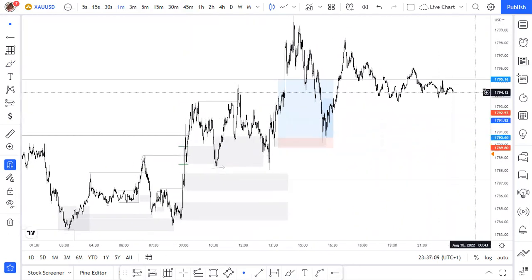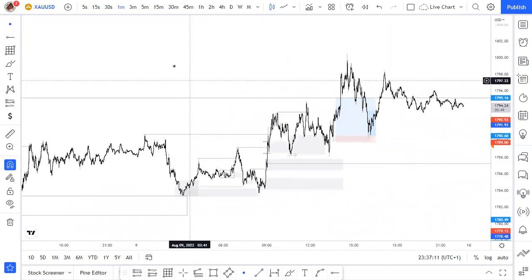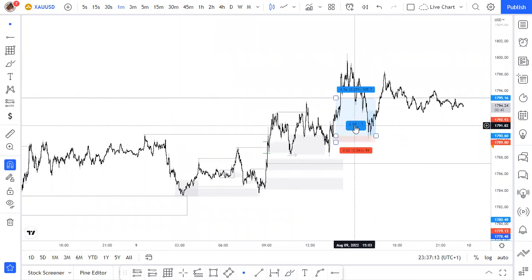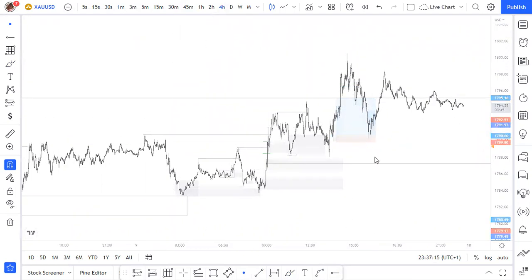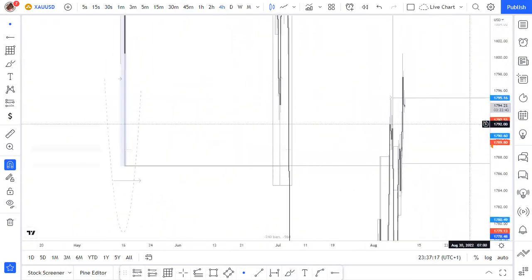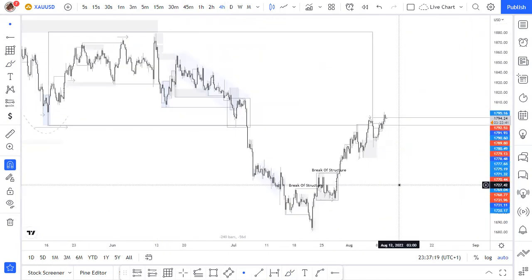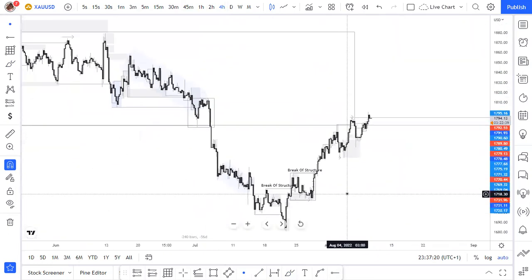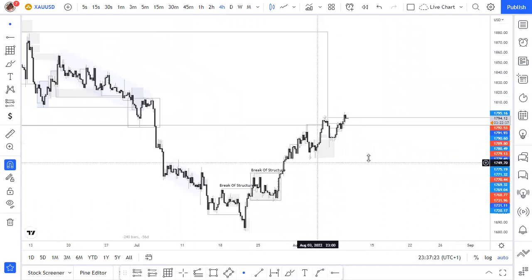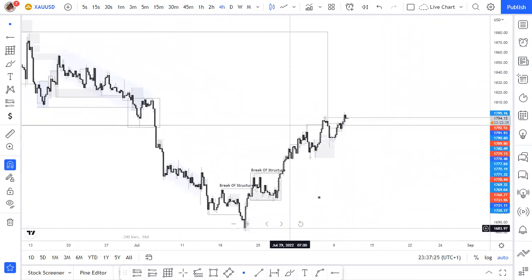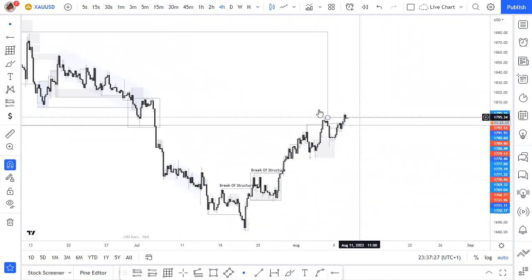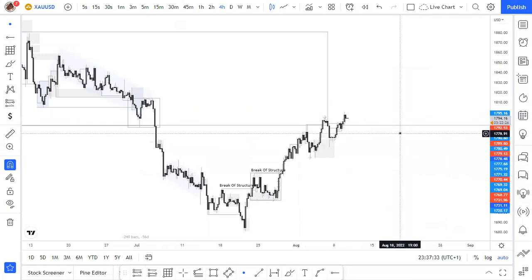So that's it for Euro USD and a little bit of gold. We'll see how the week plays out. But the current structure on the 4 hour is still bullish, so we'll continue taking buys or take some counter trend sells and stuff like that.